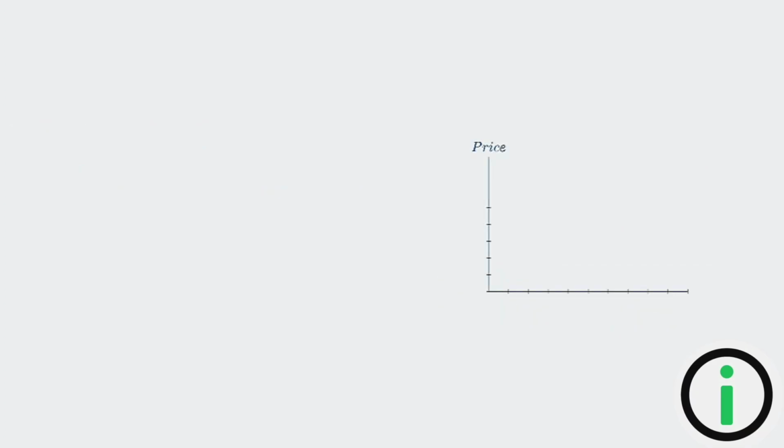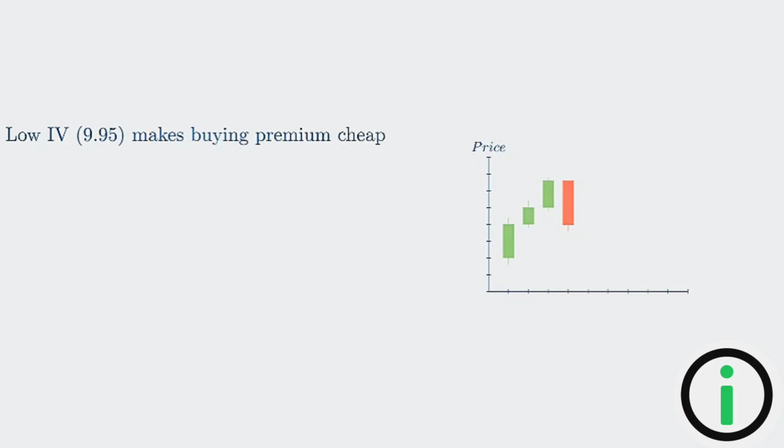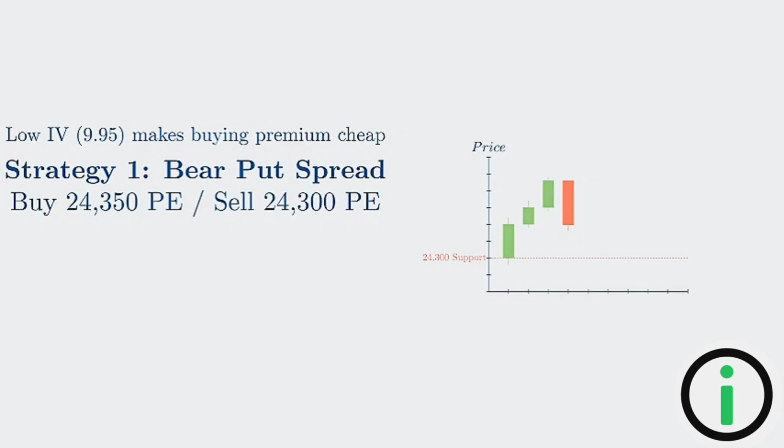To capitalize on these scenarios, we can look at a few specific strategy ideas. Because the India VIX and implied volatility are historically low, buying options premium is relatively cheap right now. If we see a break of 24,300 with strong momentum, a bear put spread using the 24,350 and 24,300 strikes could be an effective way to play the downside while managing risk.